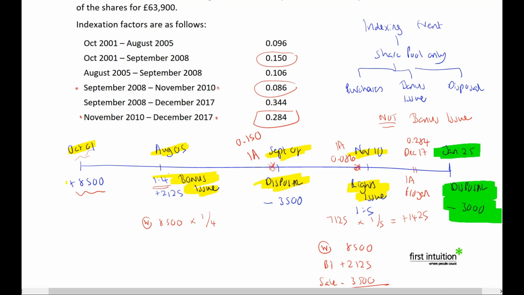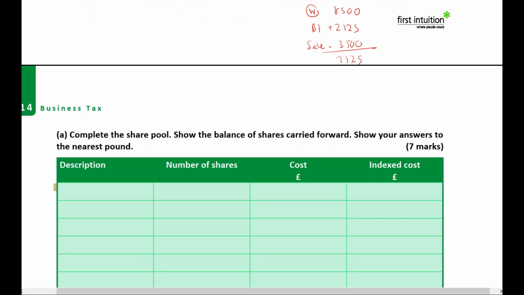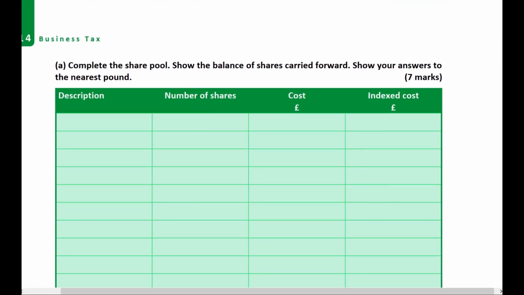So what's the indexation factor and where does it happen? I now have instructions. So when I come to fill in my share pool computation, I'm going to follow this like an instruction book, starting at the beginning here and making my way across. The next part of my answer is going to follow that timeline precisely.